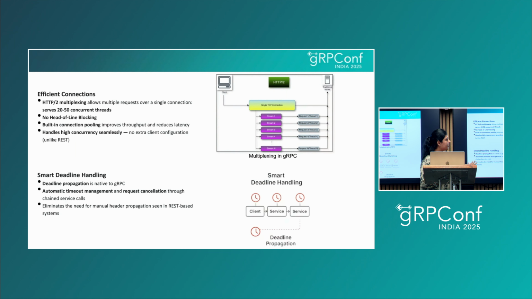For smart deadline management, unlike REST, gRPC is very efficient in propagating these deadlines to the server from the client. Our client is a bit restless and wants the results as fast as possible, so our server application takes this into mind. At each step, before it proceeds to do any major computation, it checks: do I even have time? Does it make sense to run this query if I don't have enough time?